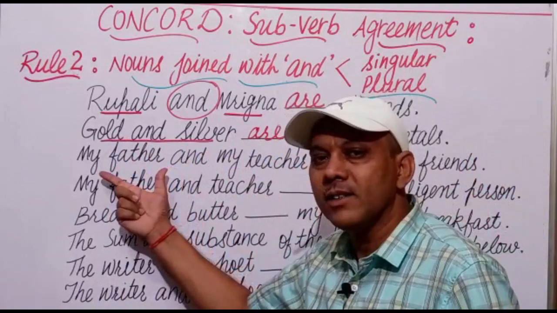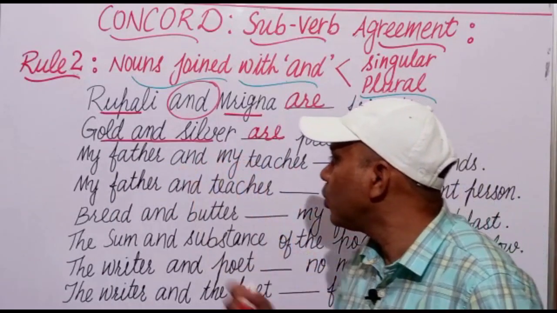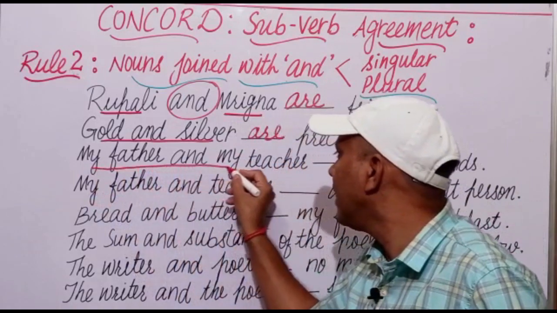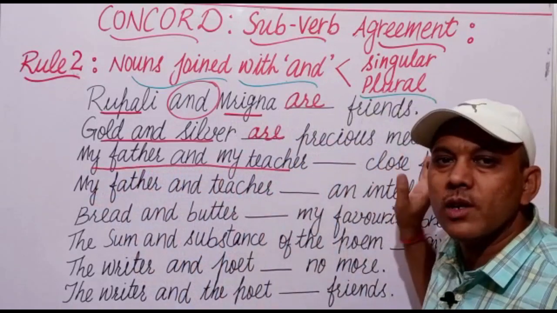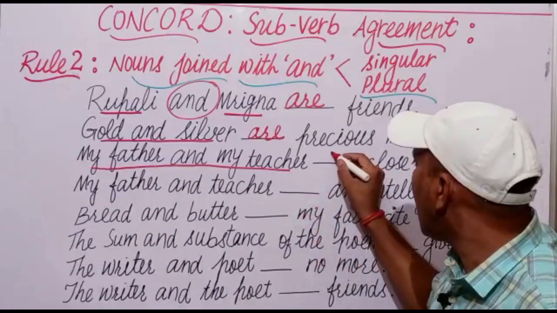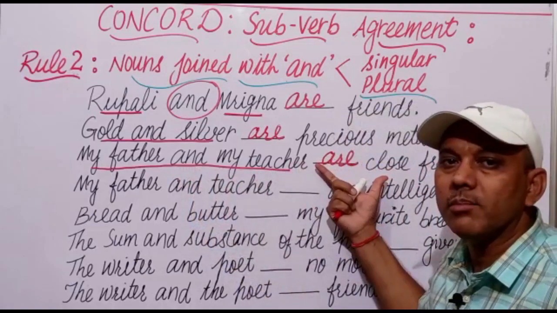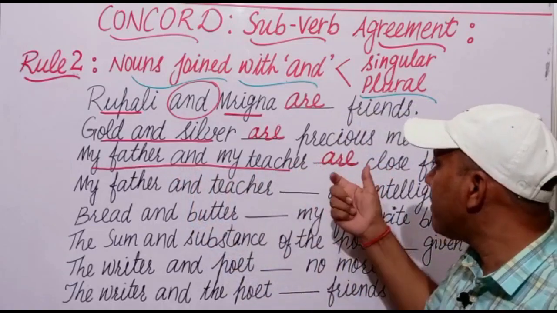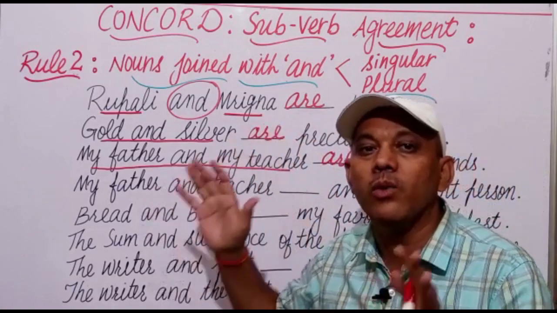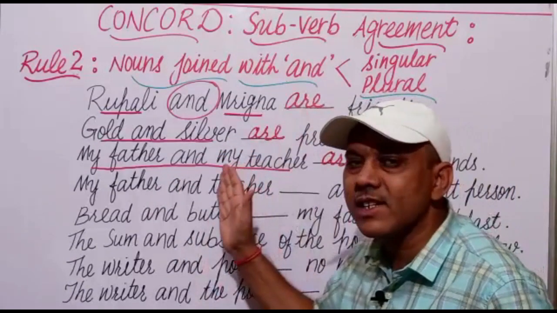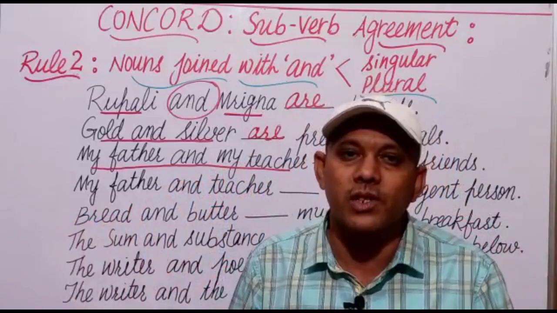One is my father and the other one is my teacher, joined with and. So this is a noun phrase, my father and my teacher, dash close friends, means they are close friends. Plural subject, plural verb. This verb must agree in number with the subject, with the noun, or with the antecedent for which that verb is going to be used.